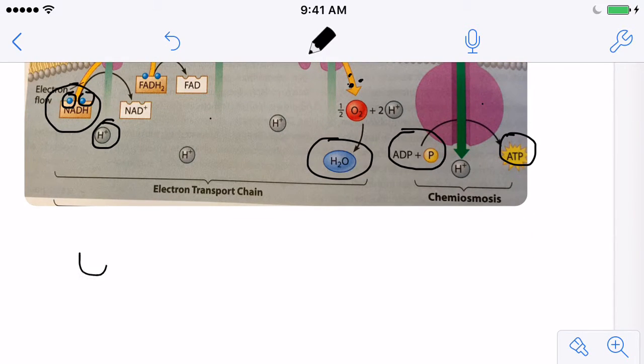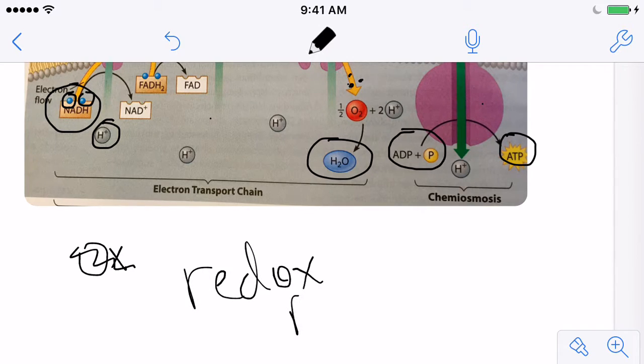Oxidation equals the loss of electrons, and reduction involves the gain of electrons. So this is basically a redox reaction. That's really just extra information, but it's always good to know on hand.